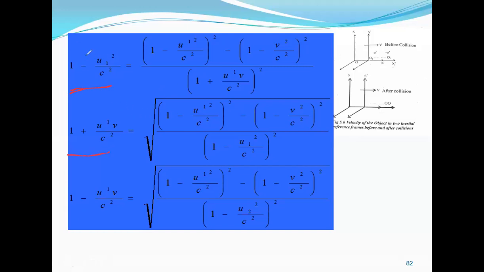This is a -1 and this is a +1. The same thing, 1 plus u1. So how did I get this? I just exchanged these two terms, then I removed the square and put it in the square root.